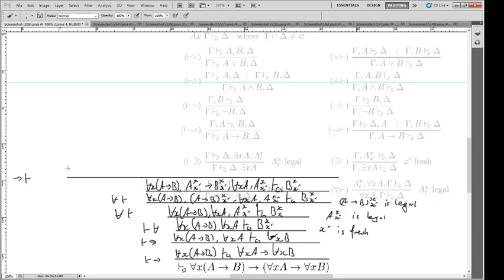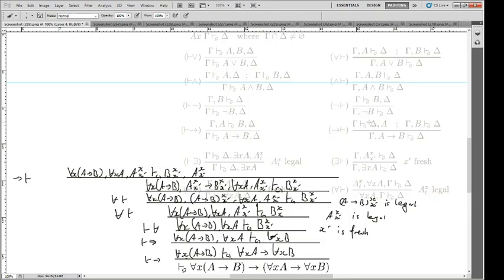So we'll write that out. We'll have for all x A implies B, and then we'll just have for all x A and A x prime. And then on the right side, we'll have our B as usual, but then we'll also have our A x prime.